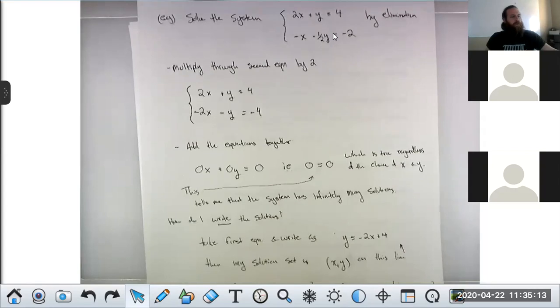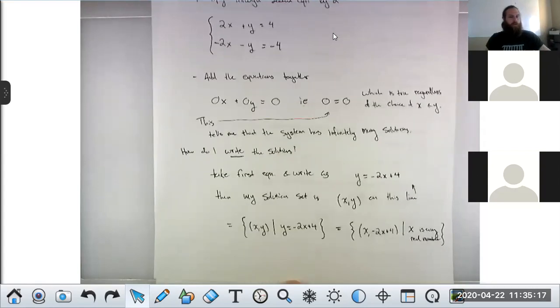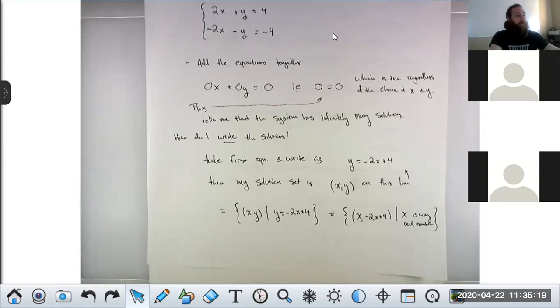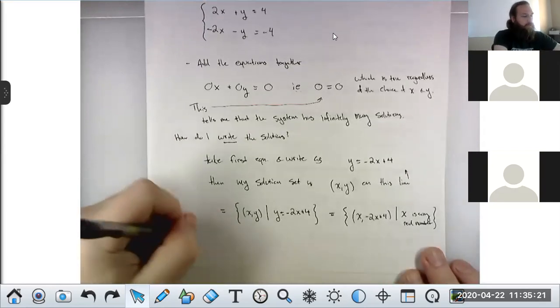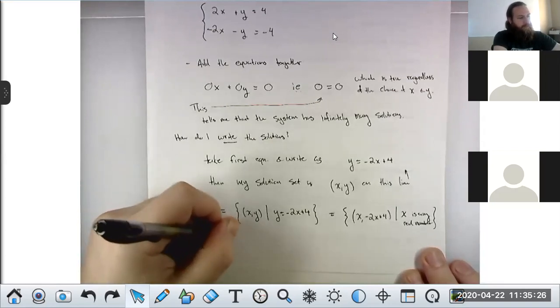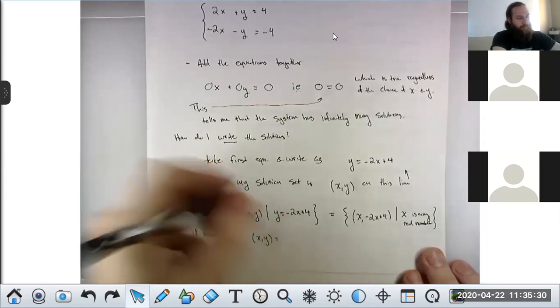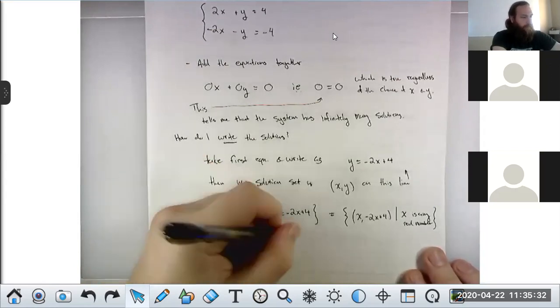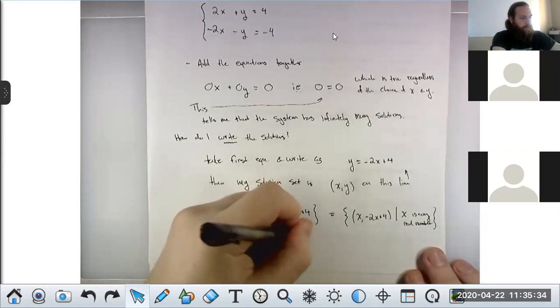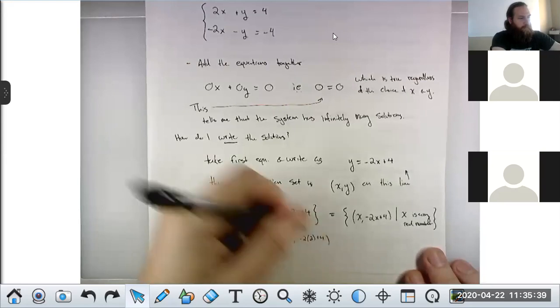You're saying if I put in 2 for what? Like for x. So if you want to find a particular point, a specific point for the negative 2x plus 4, that would be 2 comma negative 2 times 2 plus 4.